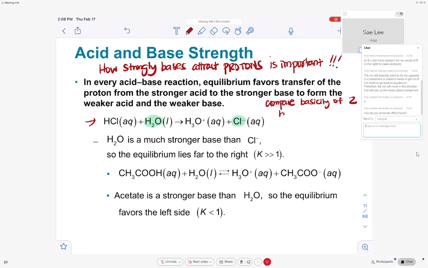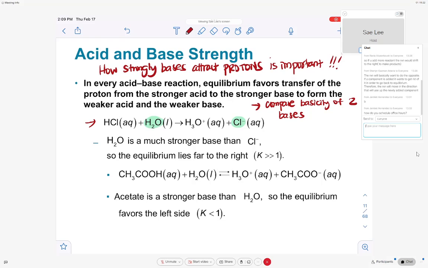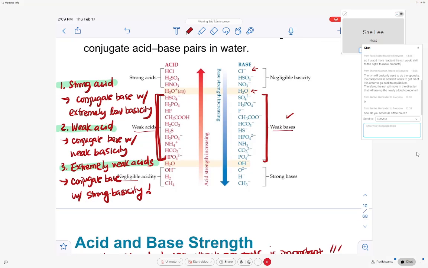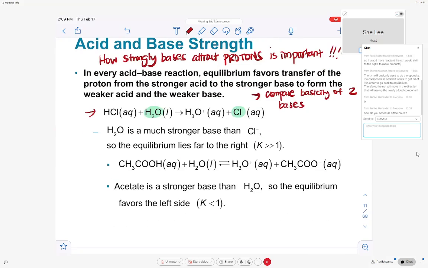Let's compare the basicity of these two bases, water and chloride. Water is here, chloride is here. Which one is a stronger base? According to this chart, water is a stronger base than chloride.